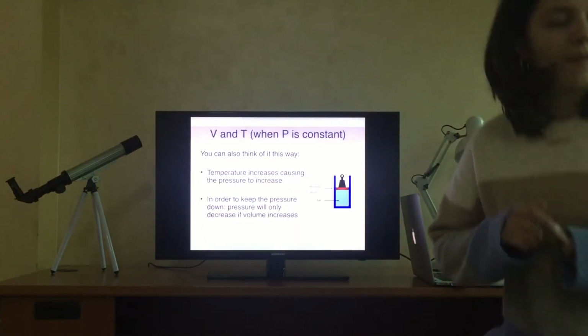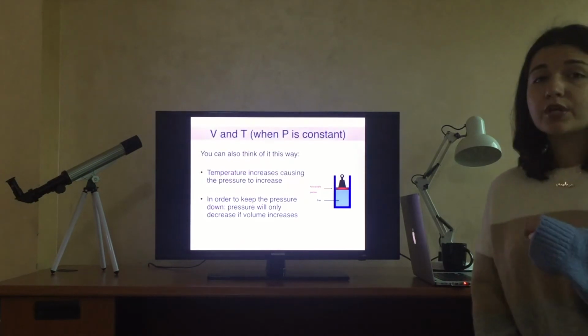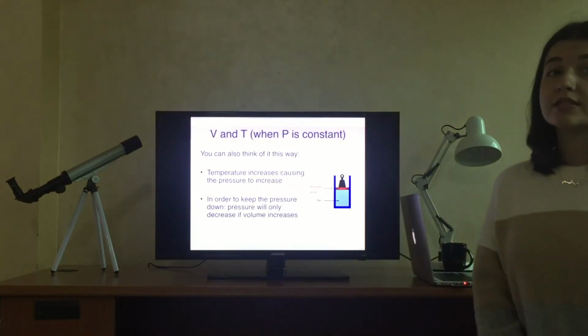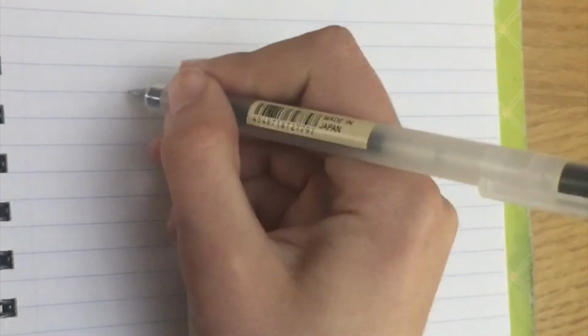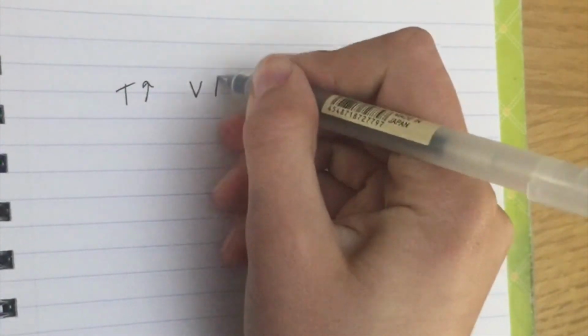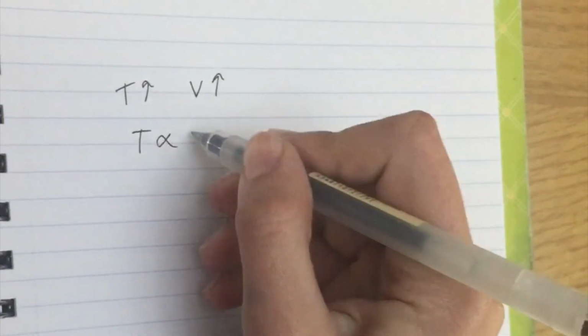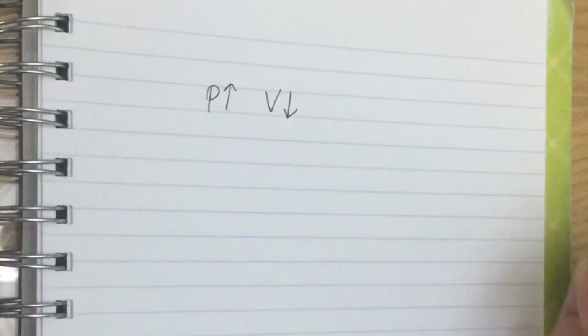The idea here is that both pressure and volume are directly proportional to T. Now we know that whenever T increases, V also increases. So T is directly proportional to V. As you remember from before, with P and V, whenever pressure increases, volume has to decrease, and vice versa.